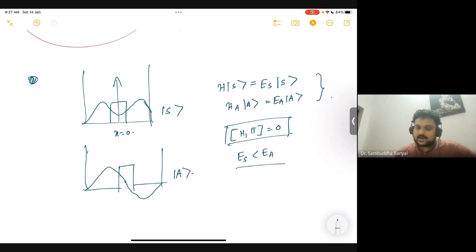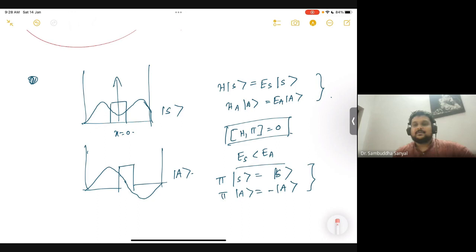Note that S and A are also eigenkets of the pi and H operators. Of course, it has to be, that's what the theorem says if there is no degeneracy. So this is the simple case.